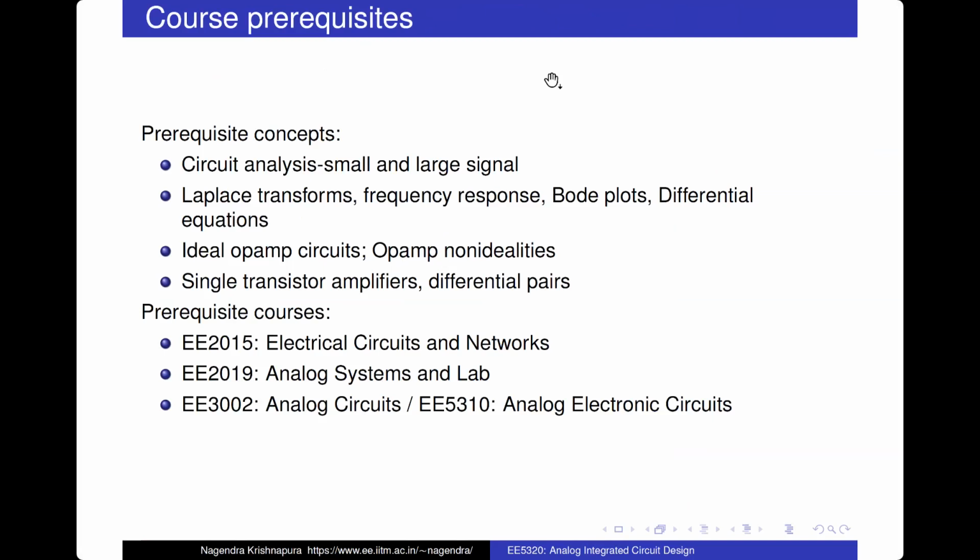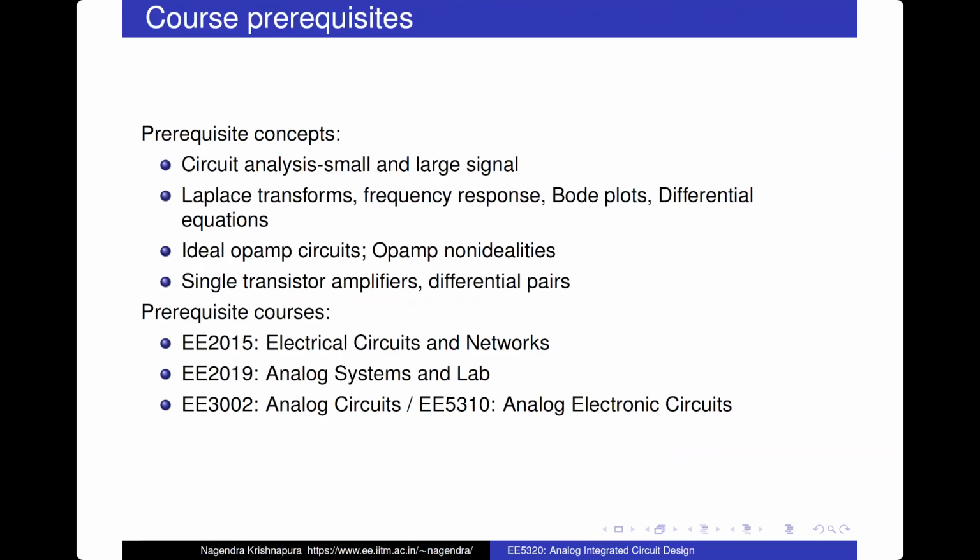Now, of course, to be able to go through this course, you need to know these prerequisite concepts. Circuit analysis, hopefully you were doing it till last month in the previous course, so you still remember this. Small signal and large signal analysis, and then of course tools for linear analysis like Laplace transforms and frequency response, Bode plots, differential equations, and so on. The ideal op amp circuits, I assume you know, and op amp non-idealities, the main ones.